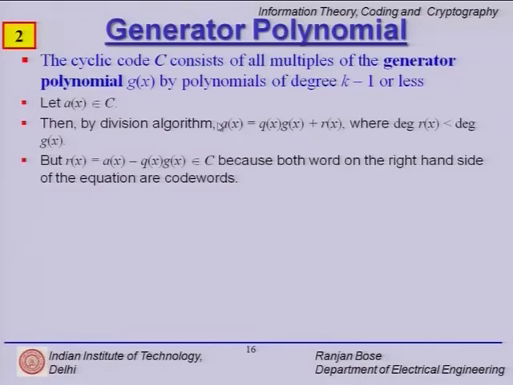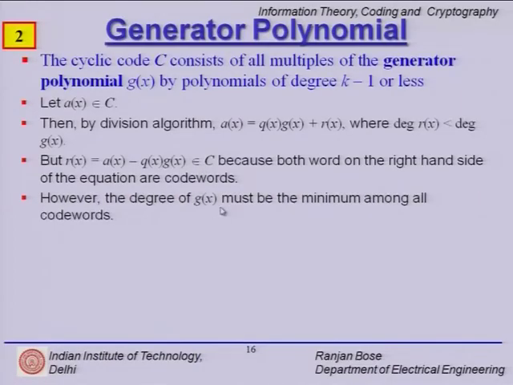But if you flip it around and put r of x, then r of x is nothing but a of x minus q of x times g of x. But this r of x must be an element of C, must be a valid code word polynomial. Why? Because a of x we started off with is valid, and g of x and q of x are also valid code word polynomials.